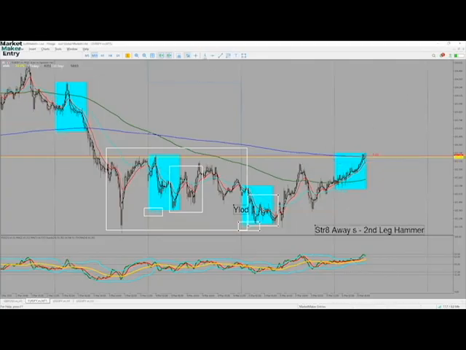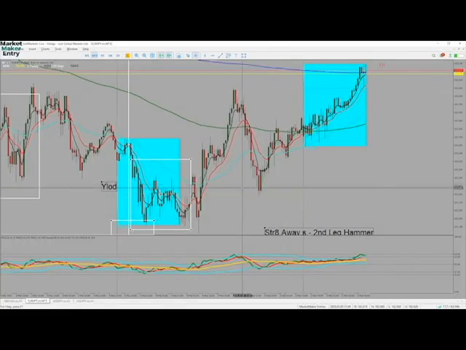So I don't take a second leg hammer. And it came, it tested for the third time. Okay, it can be three hits to the low. So the interesting part would have been this one.